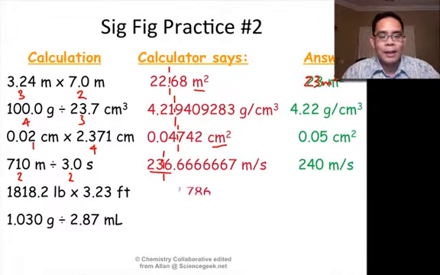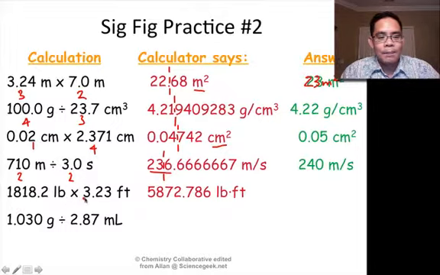In the next one, plugging that into the calculator, you get 5,872.786. And when you plug that in, I get pound-foot, and that's basically a pressure. Actually, that's not pressure. I don't know what that is. When you round this one, I've got 5 sig figs in one of them, and I've got 3 in another.